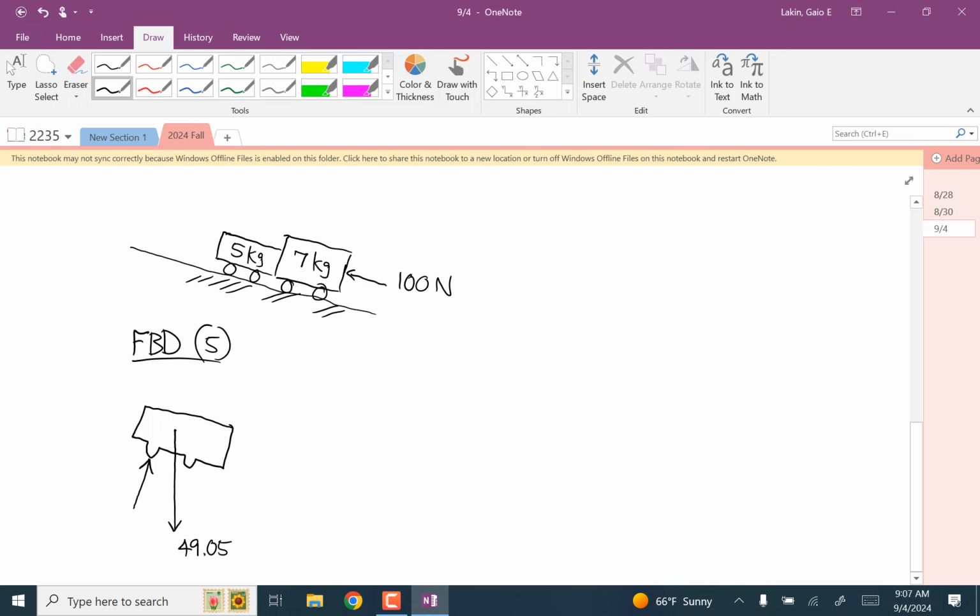We don't know what that magnitude is, so I'll call that N5, because that normal force will be different than the one that's on the 7. And notice those two vectors are not parallel to each other. That's important.